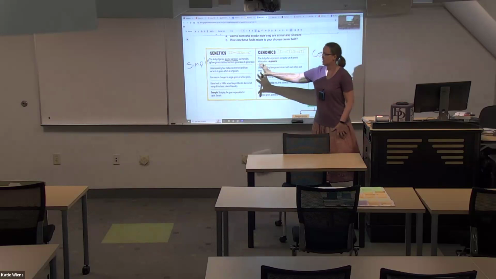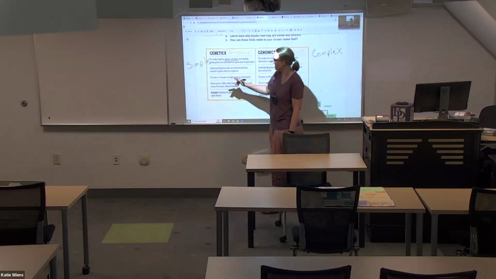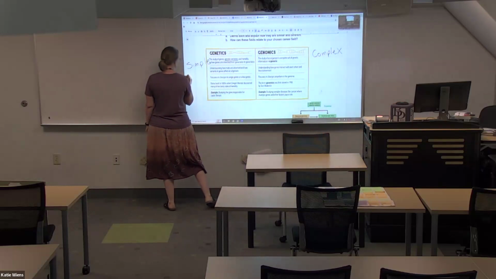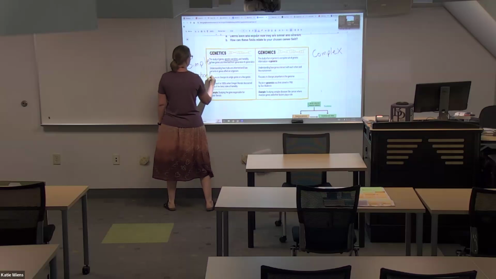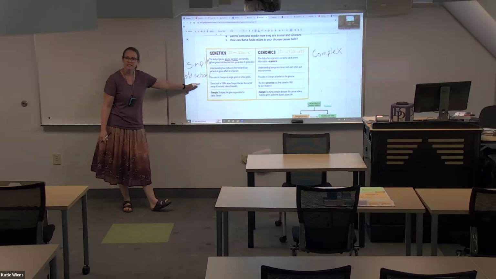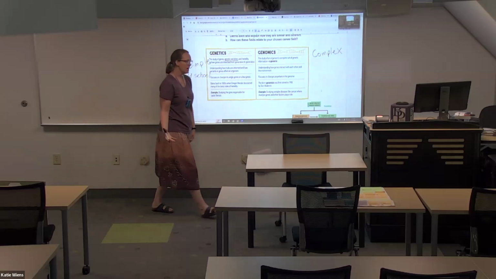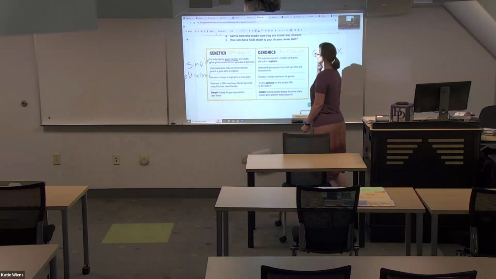And genetics, the basics of genetics, is a little bit old school. It's what we've known for a long time. And that's great. That's really important. But genomics is the new stuff that we've learned.